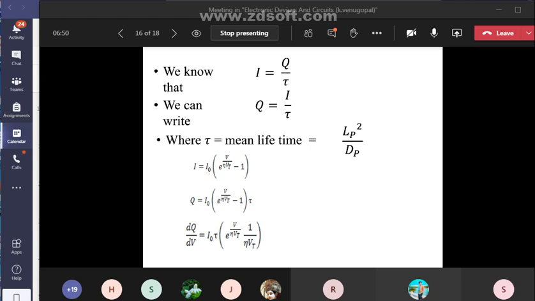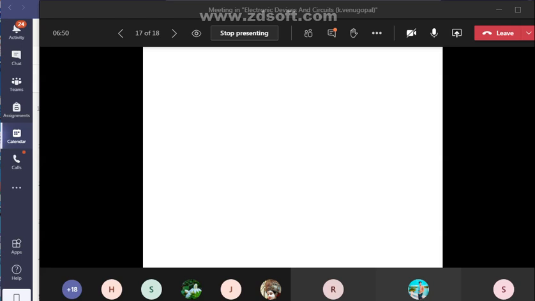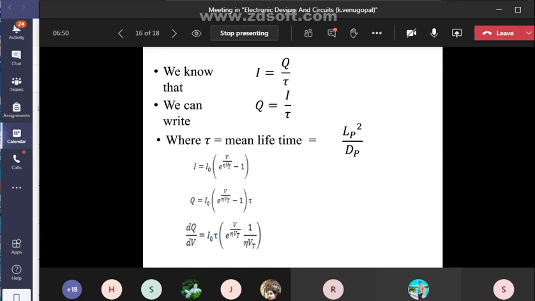So in place of I we can write Q by tau, then Q equals I naught into e power v by eta Vt minus 1, into tau.